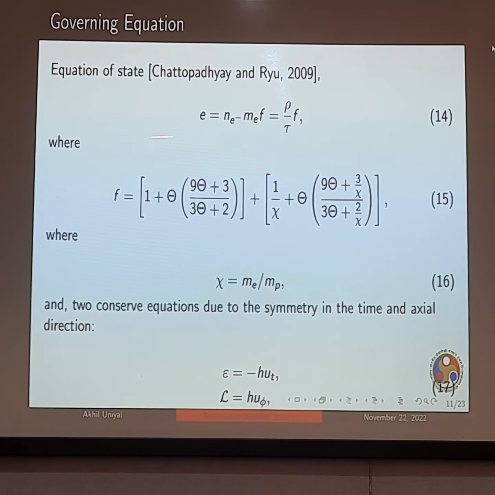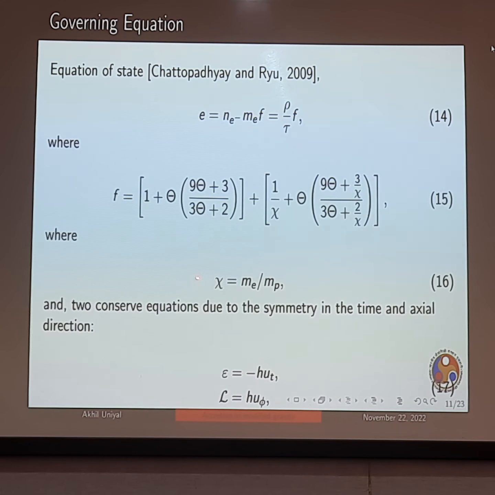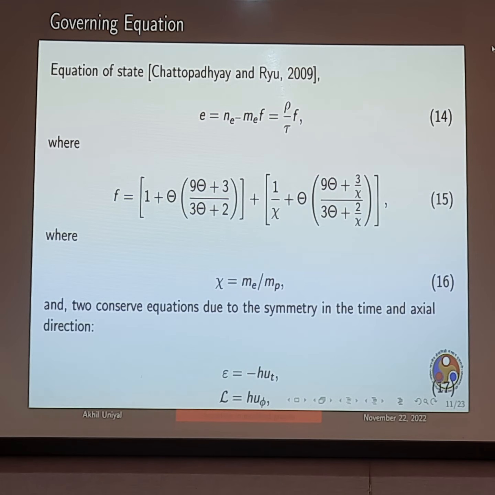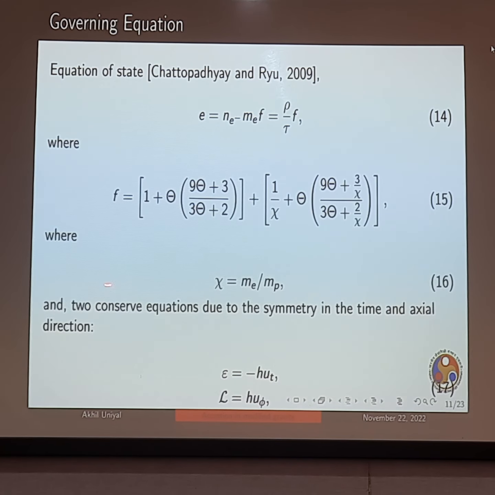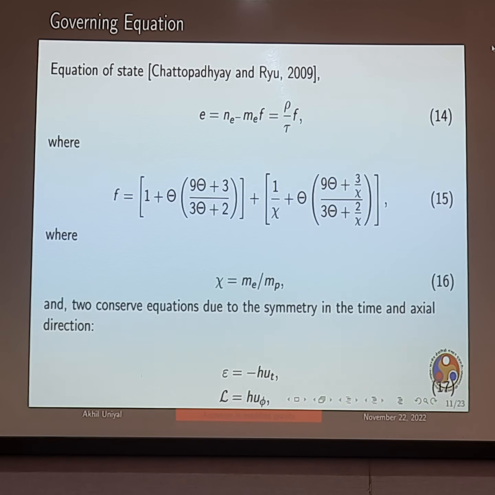It also depends upon the energy. Your F depends upon theta, which is the dimensionless temperature. With respect to what have you made it dimensionless? The scaling parameter is kT by m_e c square. So where does this equation come from? This is a completely relativistic equation.